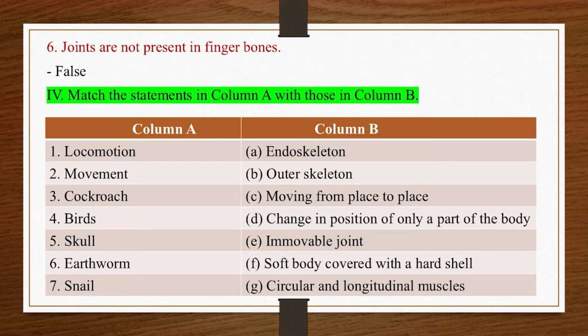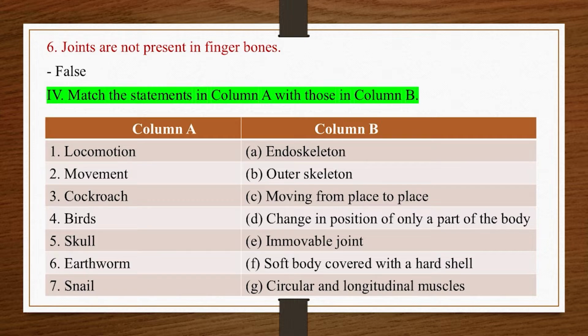4. Match the statements in column A with those in column B. Column A: 1. Locomotion. 2. Movement. 3. Cockroach. 4. Birds. 5. Skull. 6. Earthworm. 7. Snail.